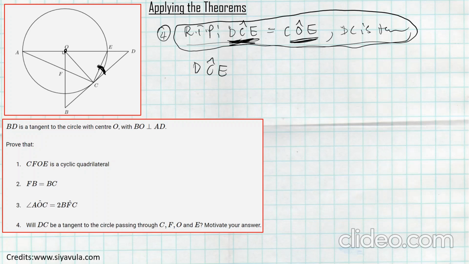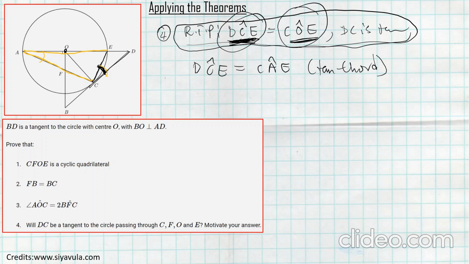If BD is a tangent, meaning that this is a chord and this is a tangent, the angle between chord and tangent is equal to the angle subtended by the two other chords on the circumference, meaning that angle DCE will be the same as angle CAE, by the tan chord theorem, right? Okay, we've just calculated what angle DCE is equal to.